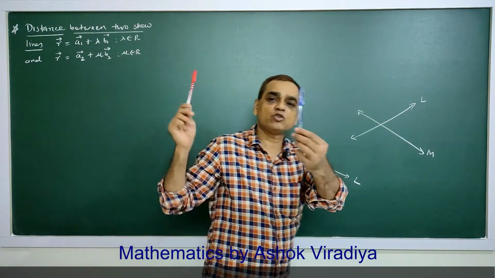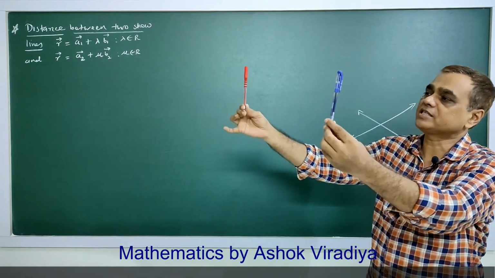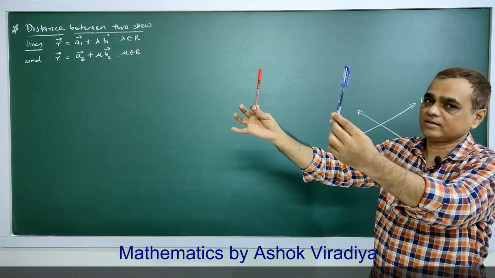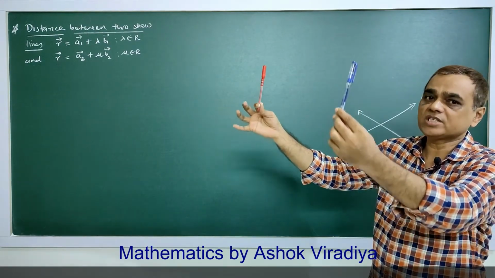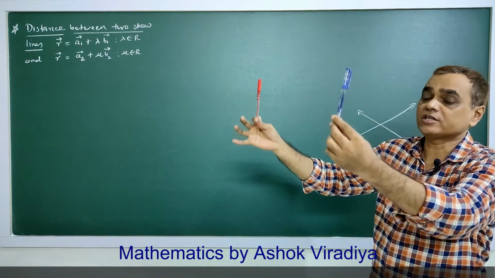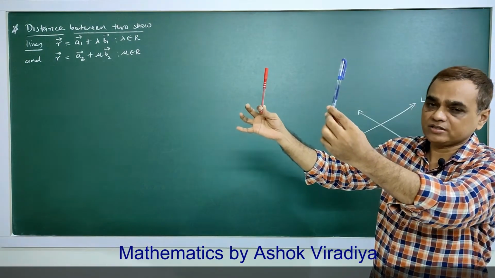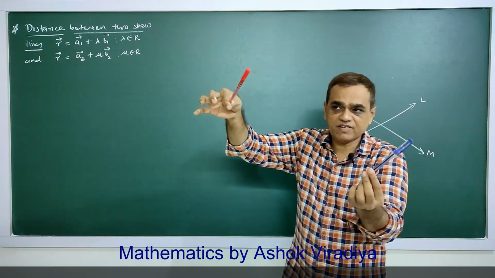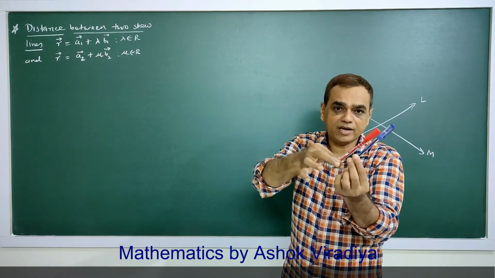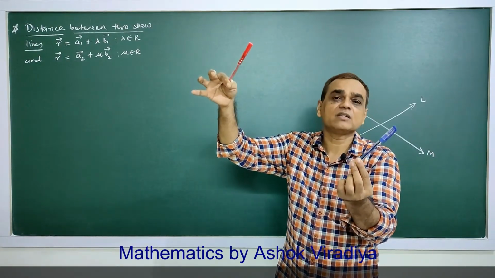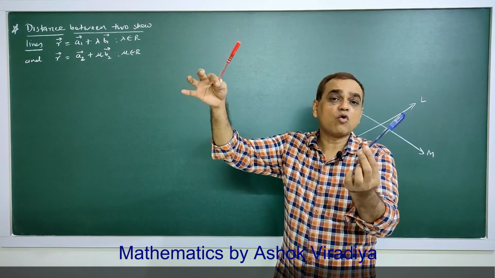Anywhere if you set two pens in the space, consider these two lines in the space. These are parallel. They have same direction. Anywhere in the space, if lines have same direction, then there exists a plane containing both lines. So these are parallel lines or coplanar lines.